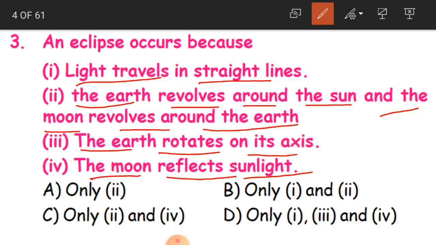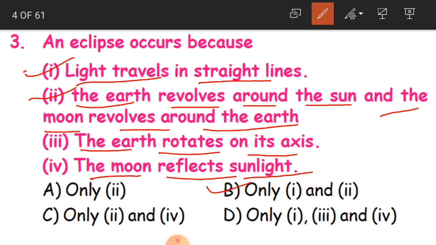Actually all four options are right statements, but here we are talking about an eclipse. So when does an eclipse occur? For that particular question, the answer is first and second options, only 1 and 2.